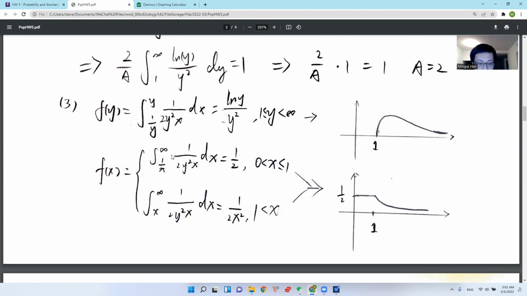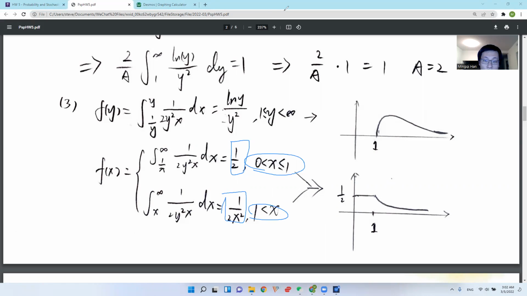For f_X, it's a little bit different. We can discuss it in two regions: x smaller than 1 and larger than 0, and x larger than 1. We do the integration over each separately. For this region it's a constant, 1/2, and for this region we have this equation.